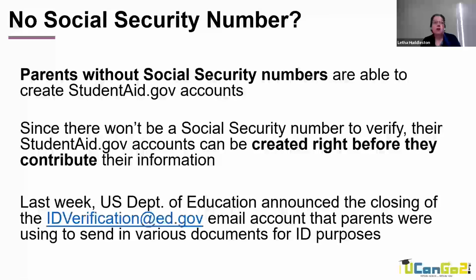They are not requiring undocumented parents to send in any further verification of their identity. So we're kind of hearing things from both sides. It's not a settled issue yet, but I wanted you to be aware that is out there. The parents no longer have to send in any more documents to prove their identity.